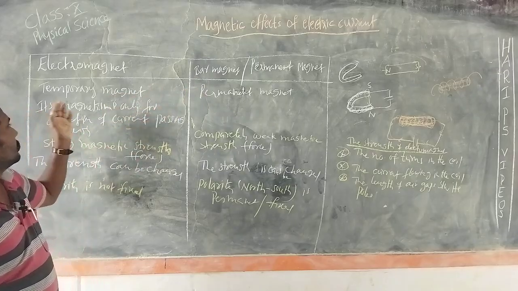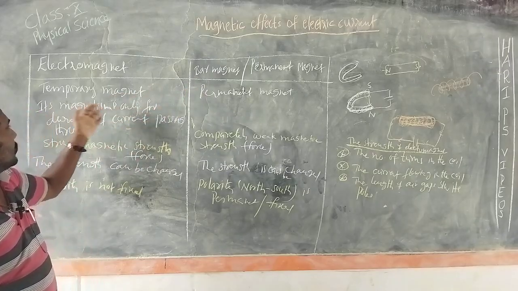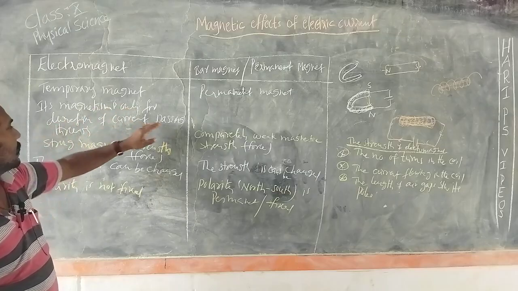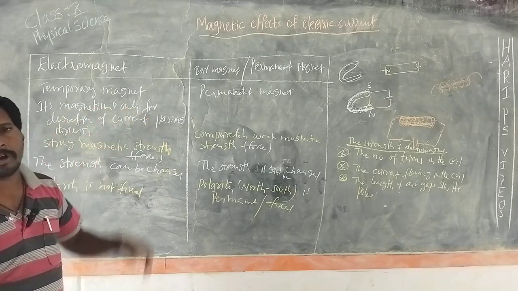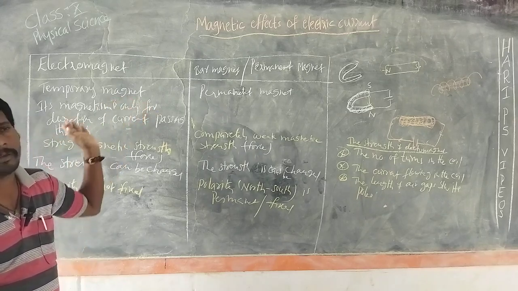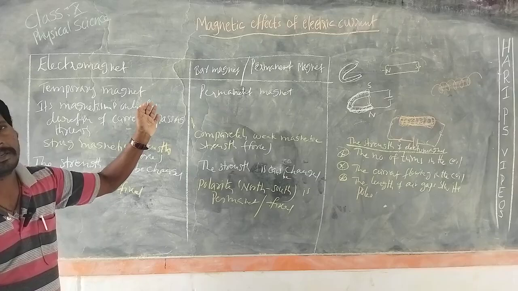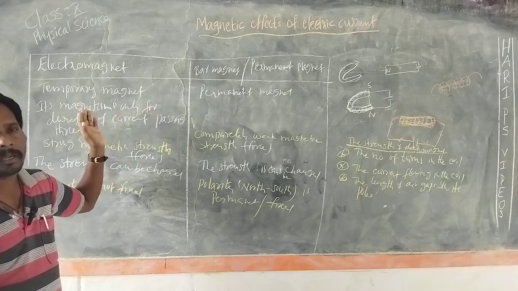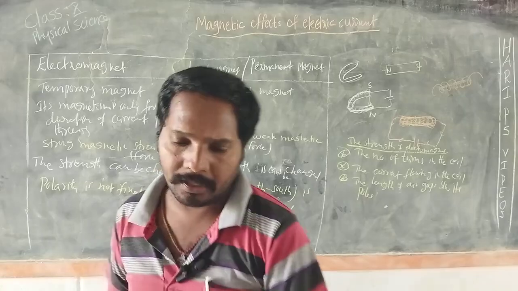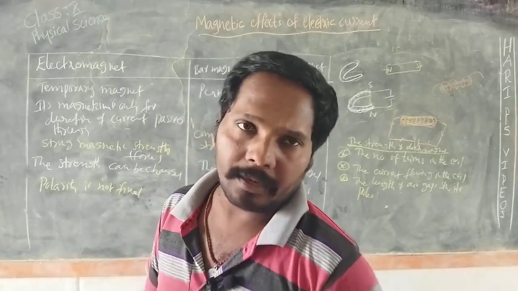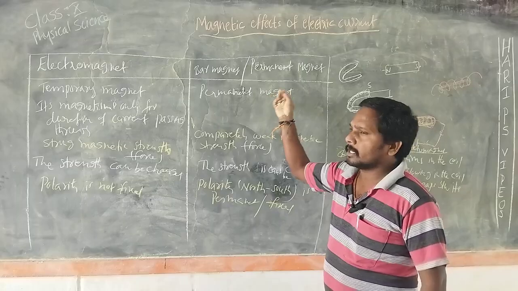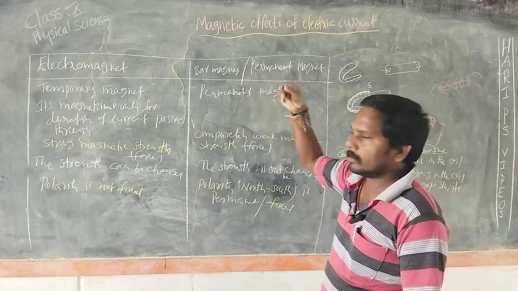The magnetism in an electromagnet is only present as long as we flow the electric current. But in the case of a bar magnet, it is permanent, so it does not depend on time.